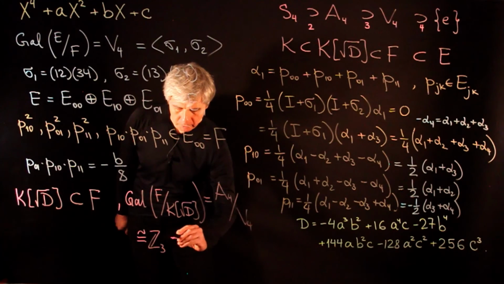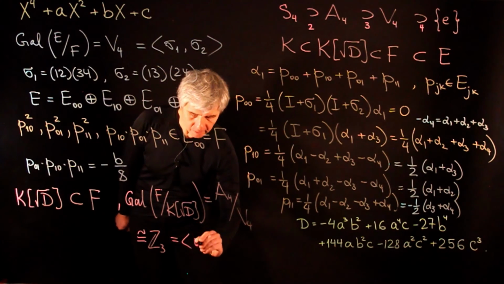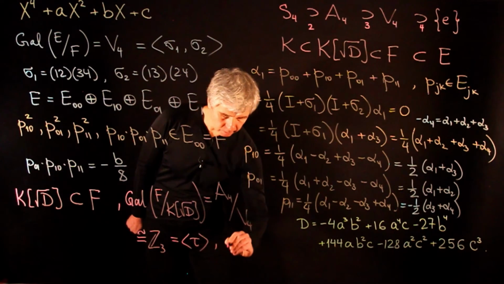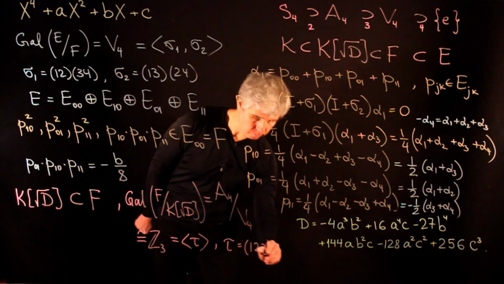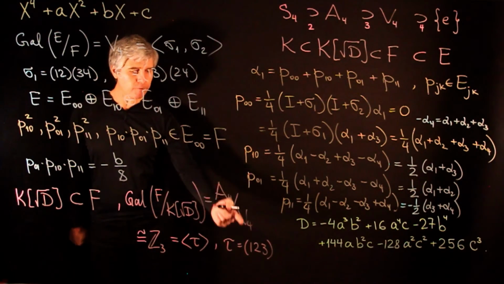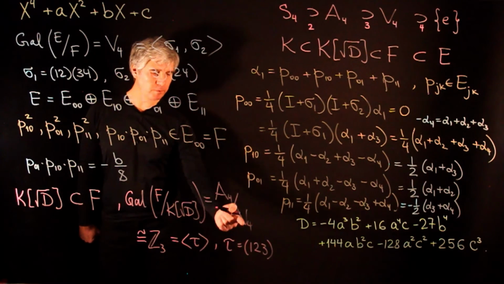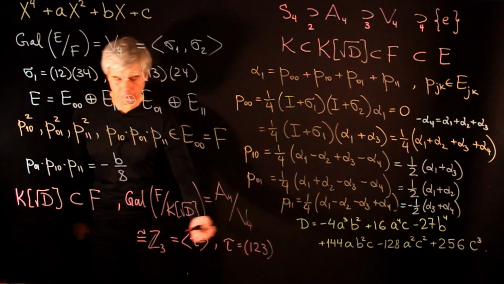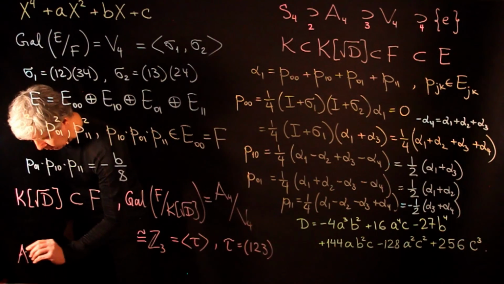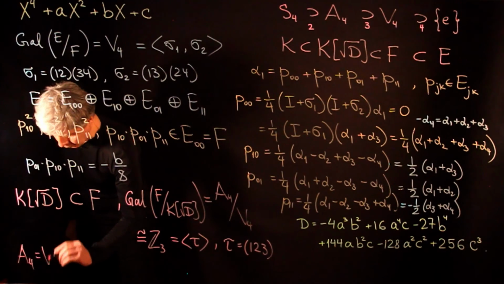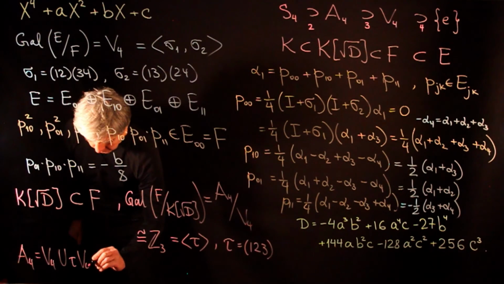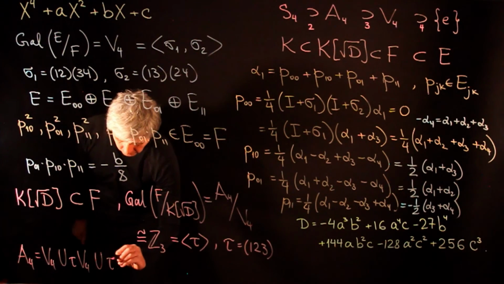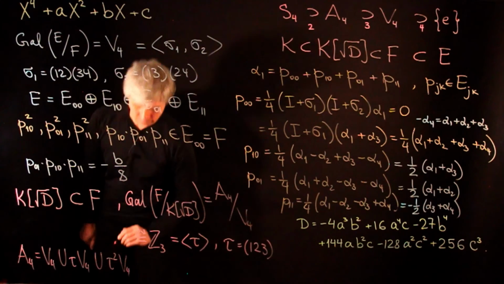And we will denote the generator of this group by tau, and tau we can take to be the 3-cycle (1, 2, 3). This means that A4 is the union of cosets of V4 with respect to tau. A4 is equal to V4 union with tau times V4 and union with tau squared times V4.